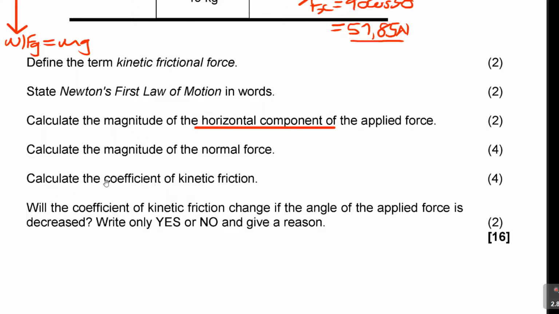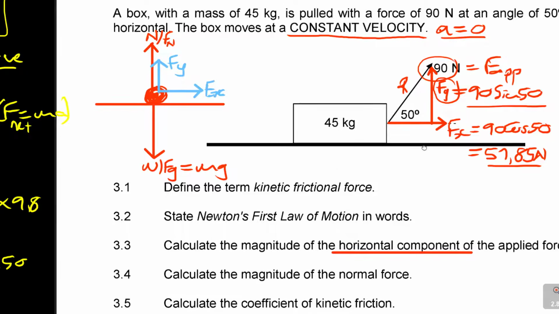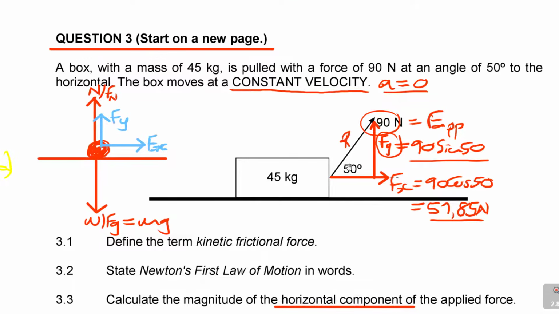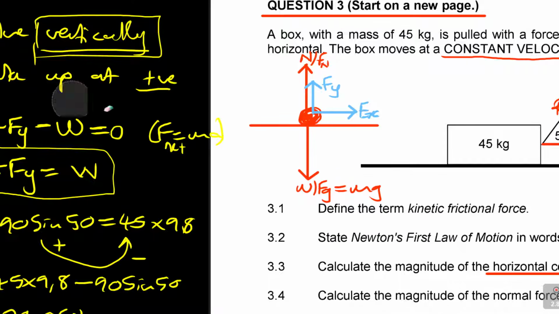Then calculate the coefficient of the kinetic friction, 4 marks. Now back again to our diagram. It's always important whenever you are resolving. So a box with a mass is pulled off this, so which means I didn't finish all the forces here. There was friction. They never said this is a frictional surface. There is friction here acting. So if there is friction, and remember the box is moving in this direction, this is the direction of where the box is moving.